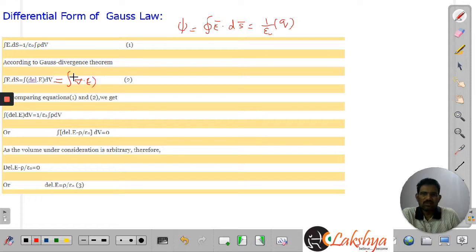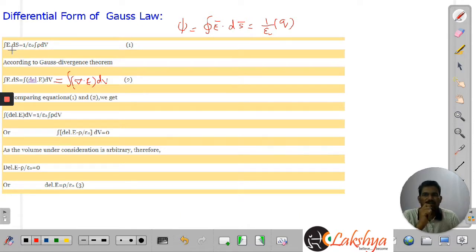We discussed this already for conservative and non-conservative forces in mechanics: while verifying whether a given force is conservative or non-conservative, we use this del operator. Here you just need to remember the conversion, which is useful for this point.